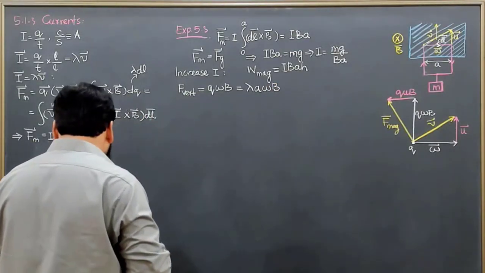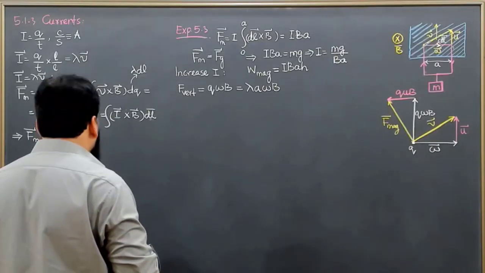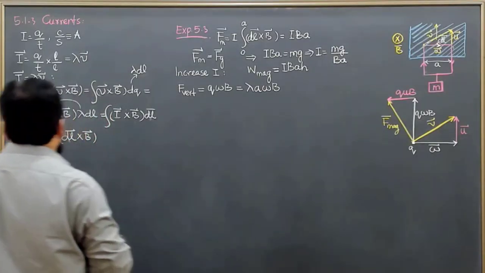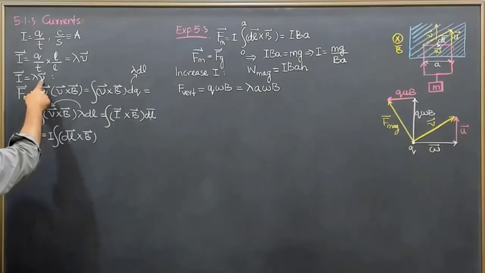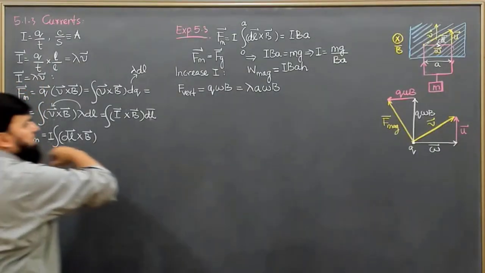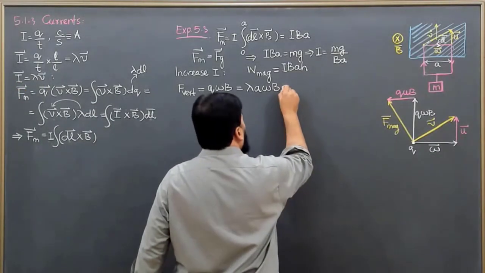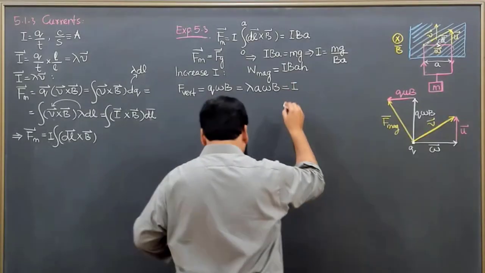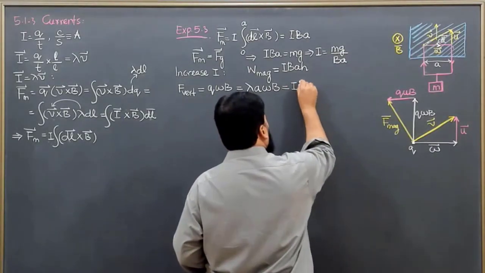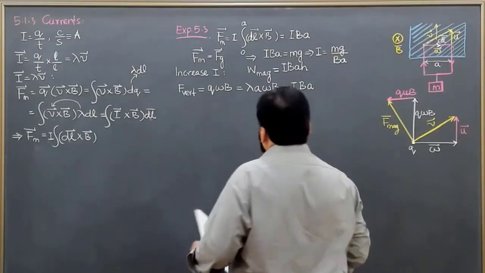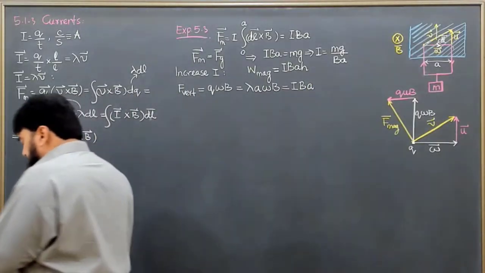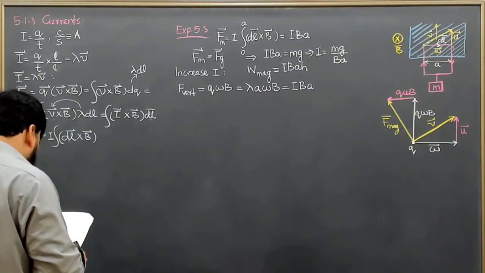We know that lambda times the velocity is basically the current, so I can write that this is IBa. So the vertical component is this one.